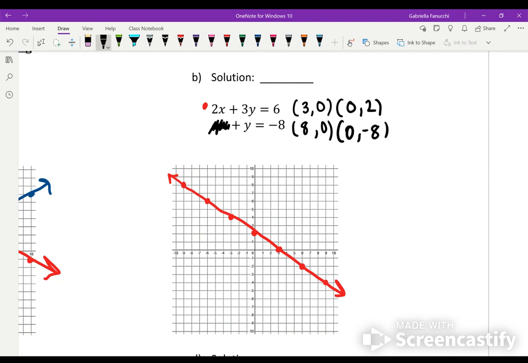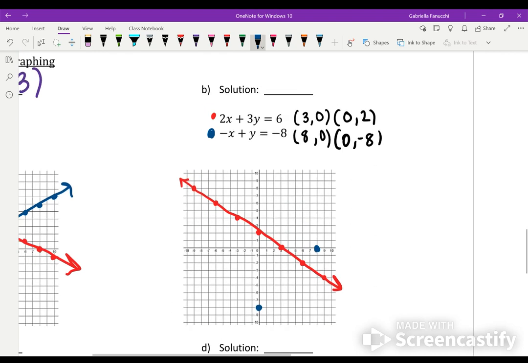So let's go ahead and plot those 2 points. I'm going to do that in blue. So (8, 0) and (0, -8). I'm going to go ahead and connect those 2 points. I'm going to use a ruler.